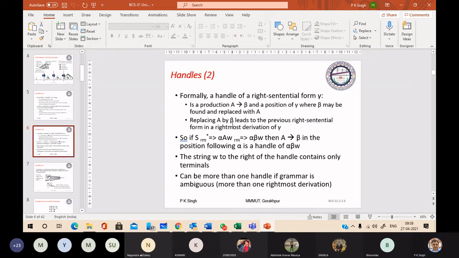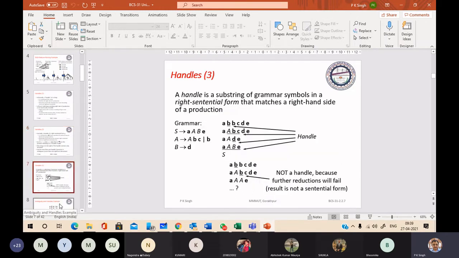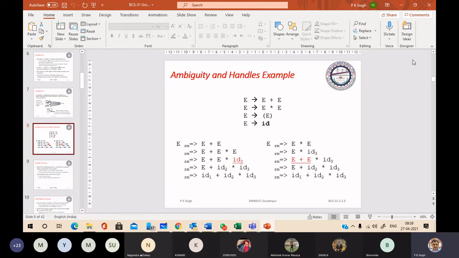See another example. This is the grammar, and you are familiar with this grammar. That is the expression grammar.